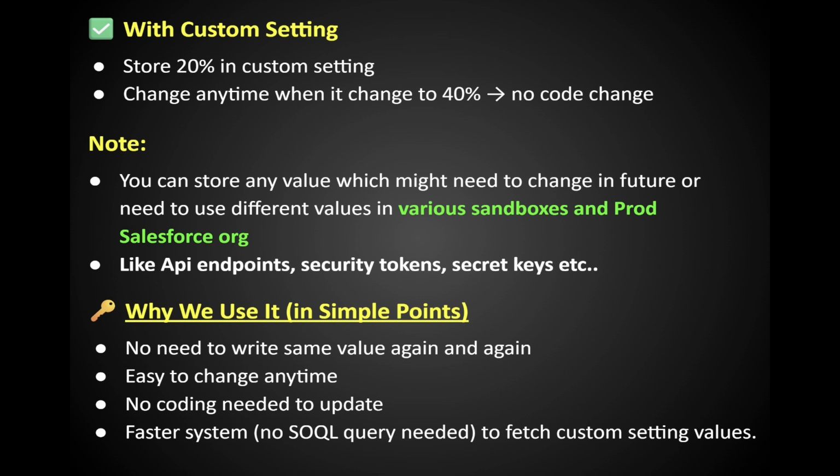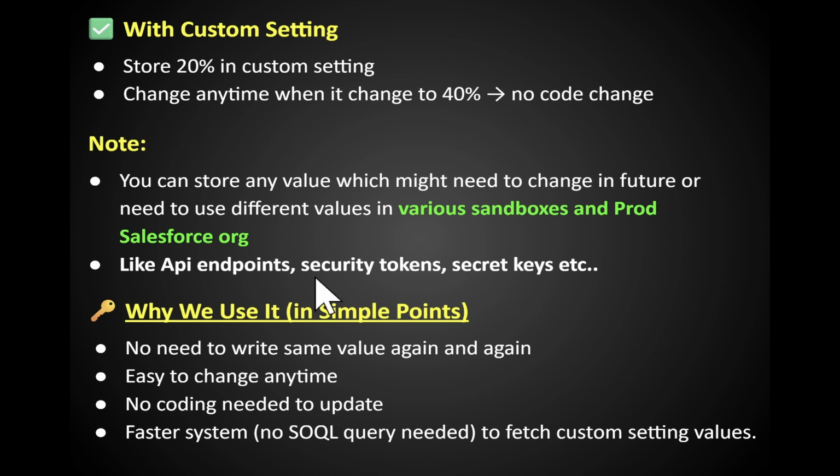So you can keep those values in the custom setting and just refer to that custom setting in your code. In future, when you're working in prod or a different sandbox, you don't need to change those values in the code again. Just change the custom setting so your code will work properly.